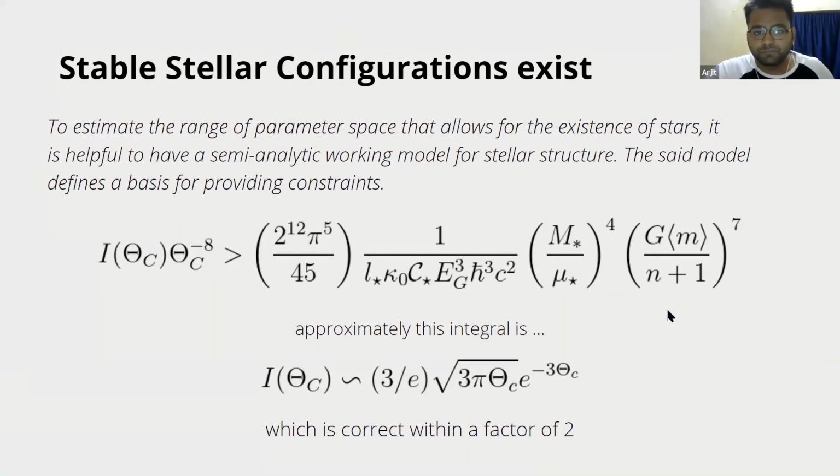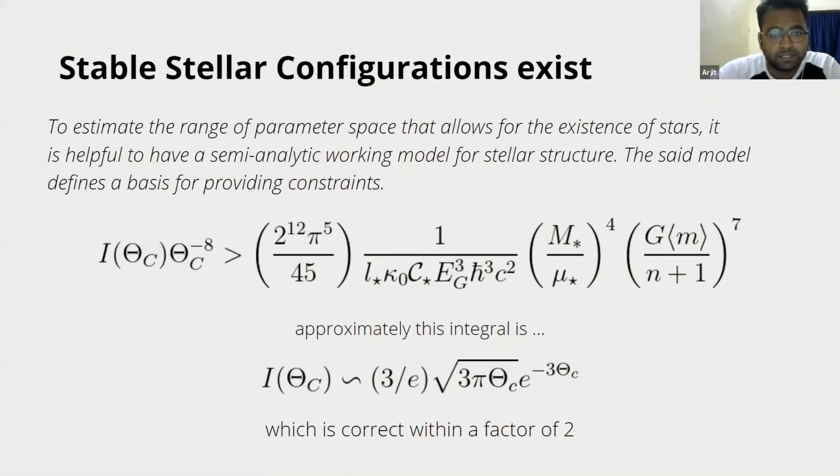As it's not possible to discuss all of it, I'll just explain the terms which make some sense. Eg over there is the Gamow energy, and since we are considering hydrogen fusion in stars only, this term turns out to be equal to pi square alpha square into mass of proton into c square.